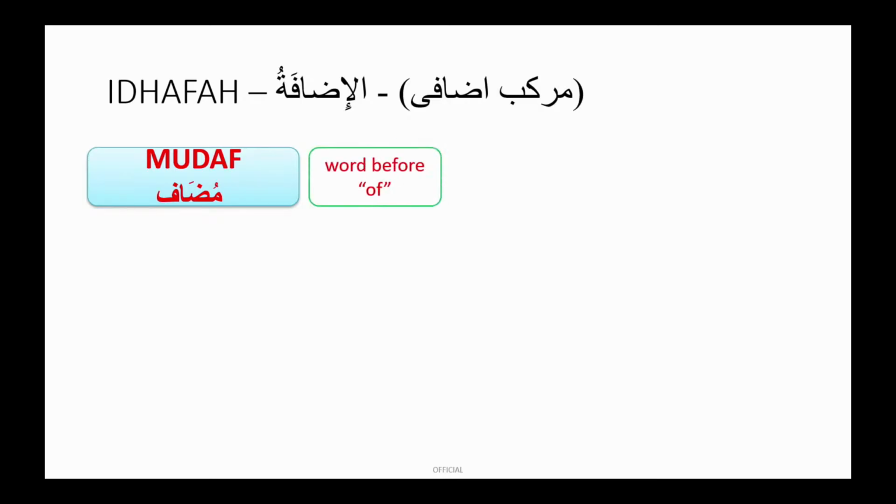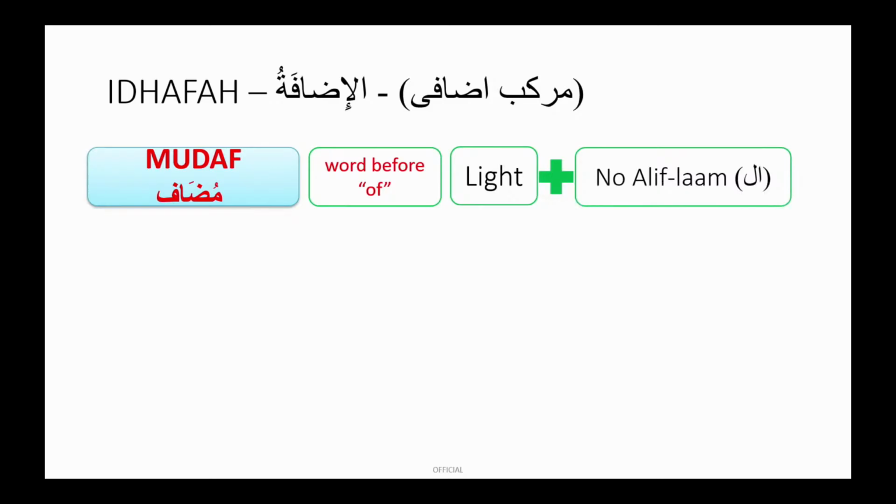So Mudaf is the word which comes before "of", which has to be light. You remember we studied heavy and we studied light. So Mudaf always has to be light, and then it should not have Al at the beginning as well. So whenever you see an ism which is light and does not have Al, you should pay attention that there is something going on.